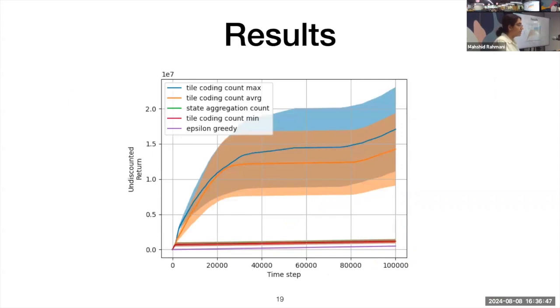With the continuous one, I really don't have the intuition. Maybe the average is using the counts of other tiles, while min is just taking the minimum. I'm not sure why they're a lot better.